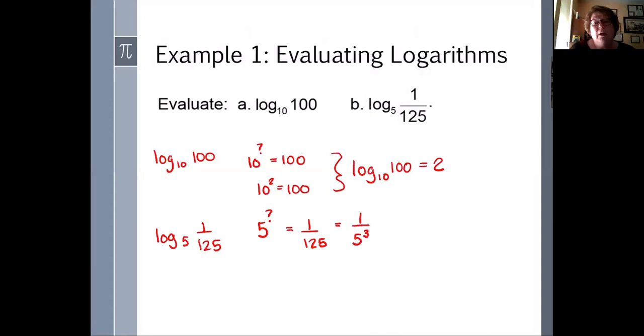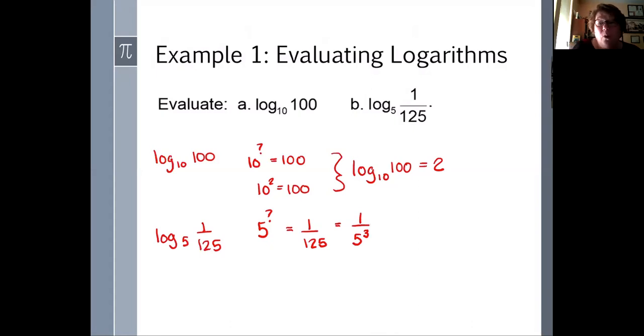Now, from the laws of exponents, if I have a number raised to a power in the denominator of a fraction, I can take that to the numerator by changing the sign of the exponent.